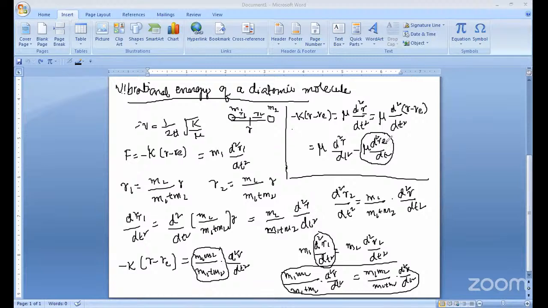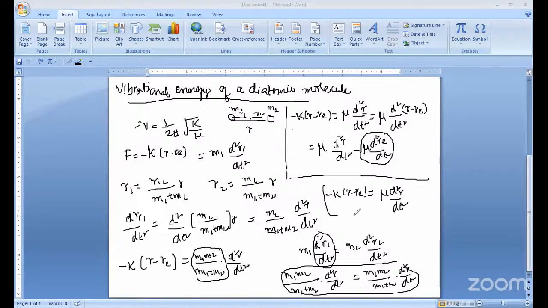So effectively, we can write minus k into R minus RE equals mu into d square R by dt square.